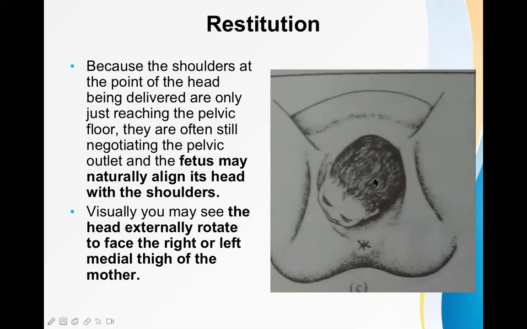The rotation of the shoulder is going on inside. The internal rotation of the shoulder is going on because shoulders are not yet delivered here. Okay, shoulders are still inside. Means the rotation of the shoulder is going on, and for the alignment of that rotation, the fetal head is slightly rotated itself, and this is known as restitution.